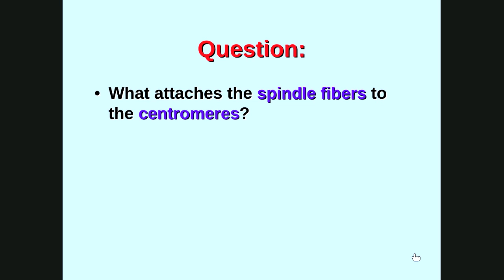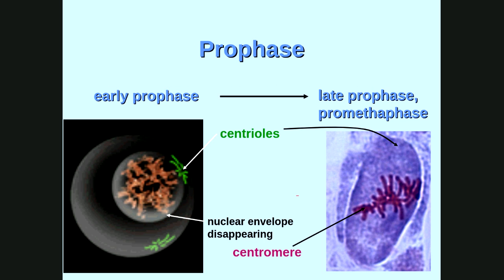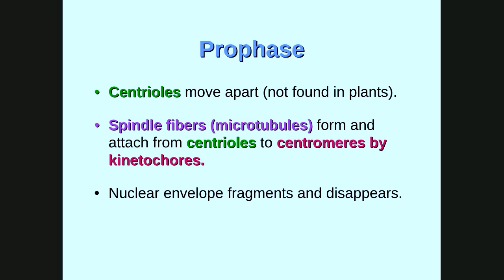Its answer is kinetochore. Okay, let me show you the previous slide. See here, this is the kinetochore. The centrioles are connected with the centromere with the help of kinetochore. Do you see this?